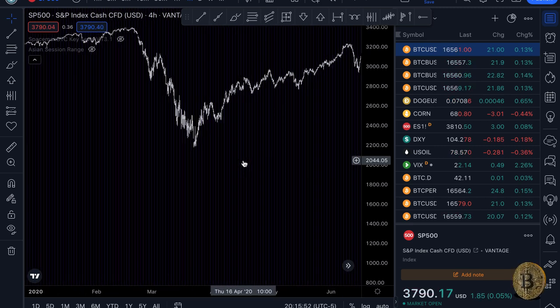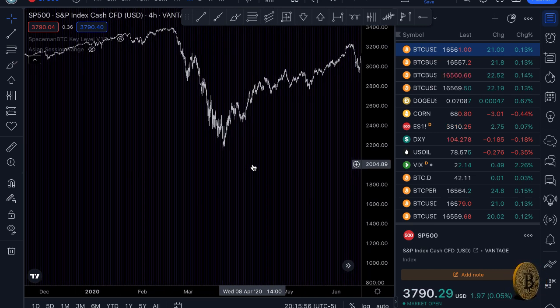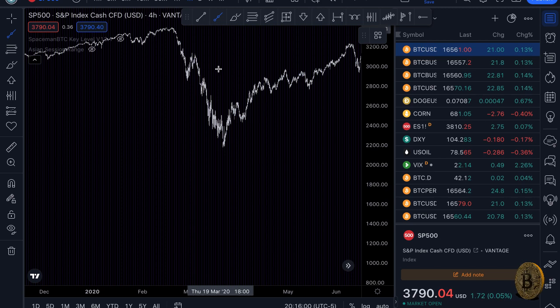But we use that logic. It's just part of the nature of the market. Not really sure how that occurs, but we try to add it for confluence.